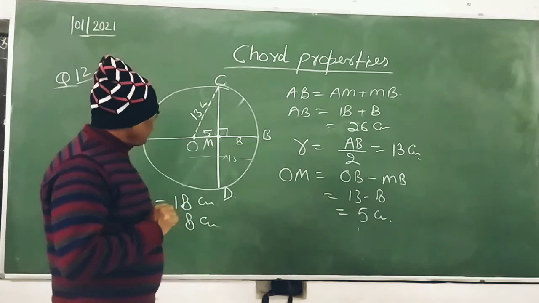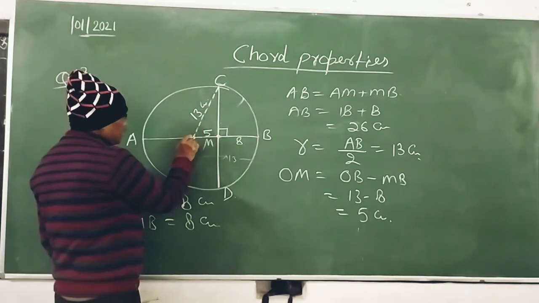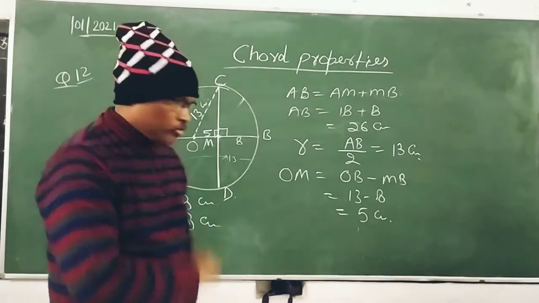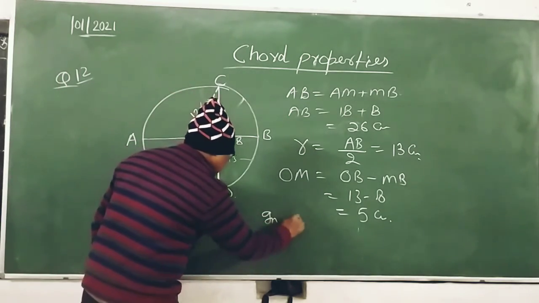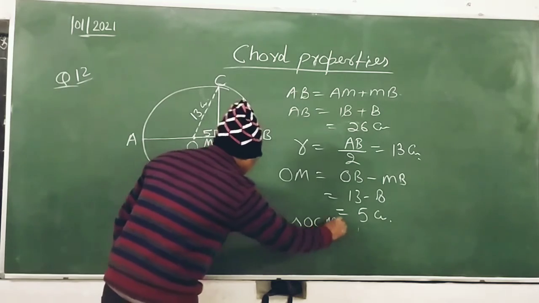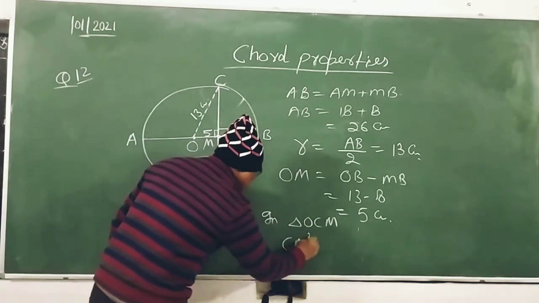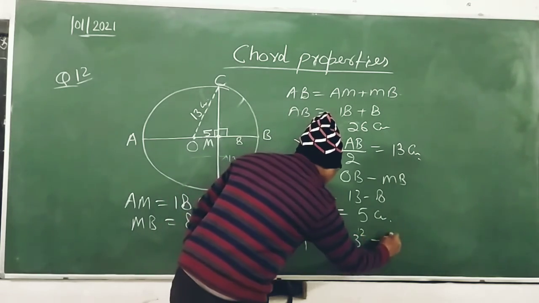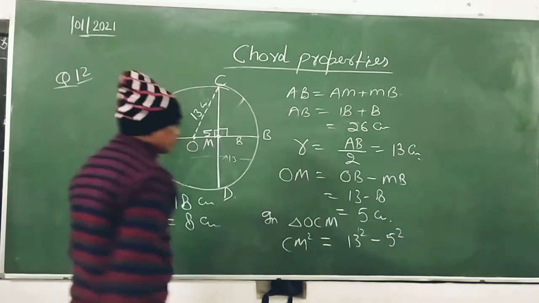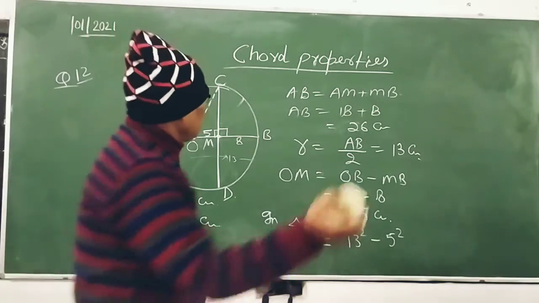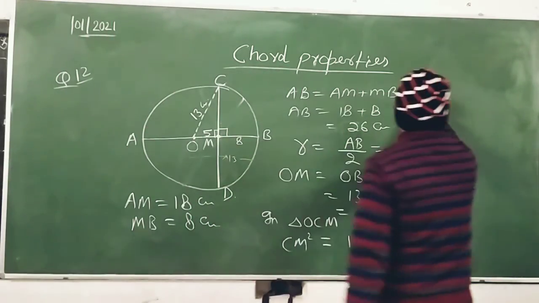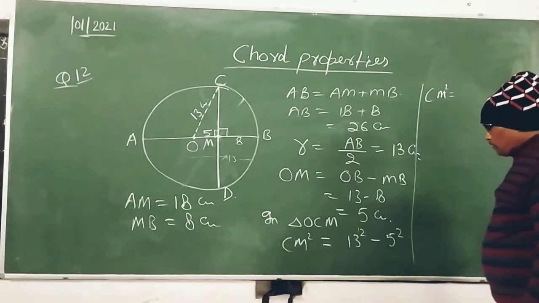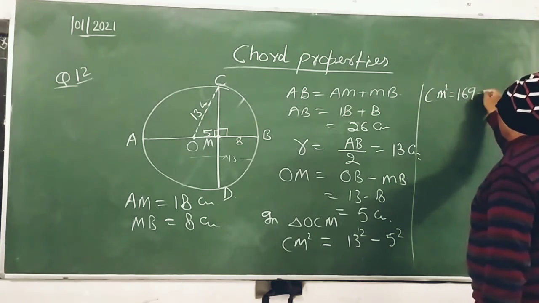Now can you find the CM? Yes. Why? Because it is the right angle triangle and you can use the Pythagoras theorem. So in triangle OCM, CM square is equal to 13 square minus 5 square. And then you will get CM square is equal to 169 minus 25.